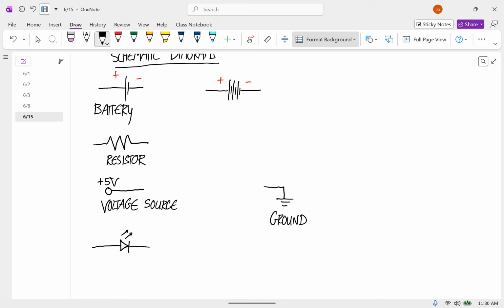So this is an LED, which stands for light emitting diode. A diode generally is something that only allows current to flow in one direction, not in the other direction. So the meaning of this symbol is that current can flow along the arrow, but if you try to make current flow in the opposite direction, it hits that wall and it can't flow. I think that's the idea of that schematic.